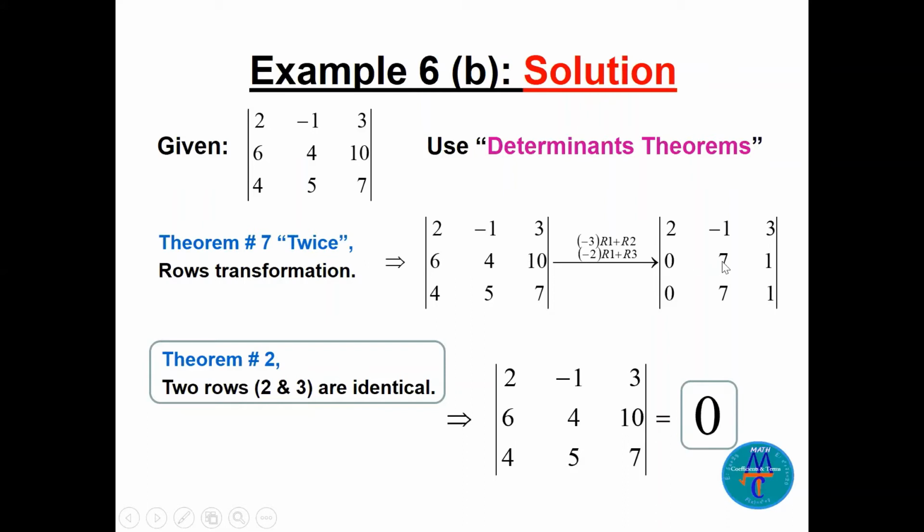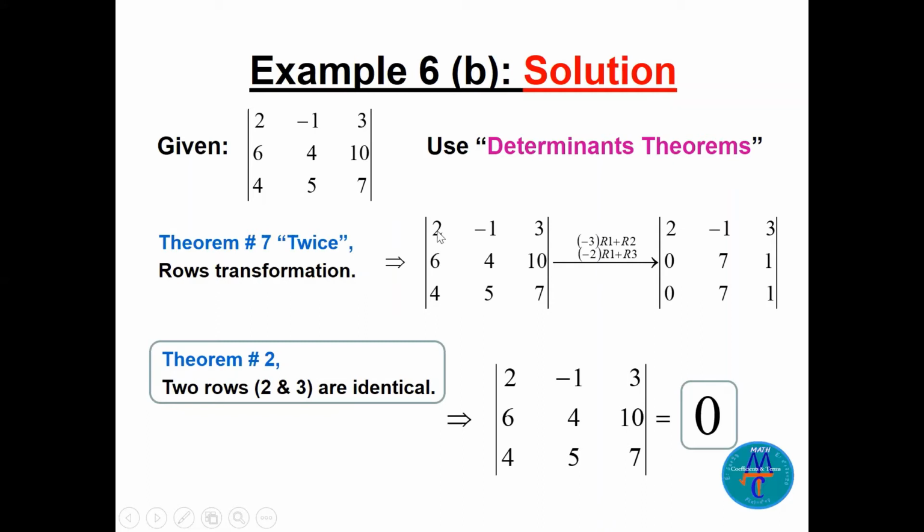Nothing will change here. The determinant of this is the same as the determinant of this because we multiplied row 1 by minus 3. See, minus 3 here, 6 becomes minus 6, 0. Minus 3 times minus 1 plus 4, this is 7. Minus 3 times 3 is minus 9 plus the 10 is 1.